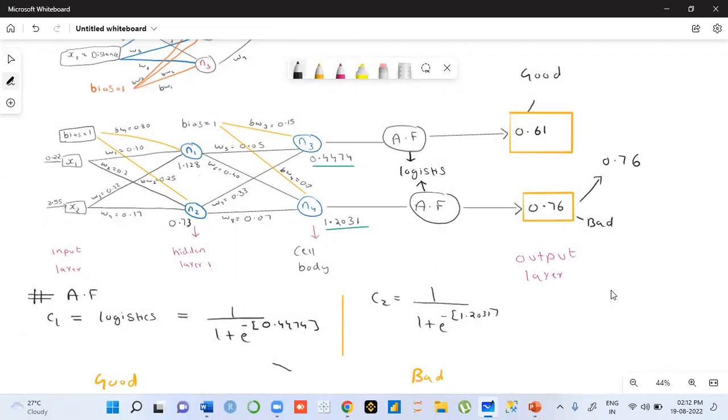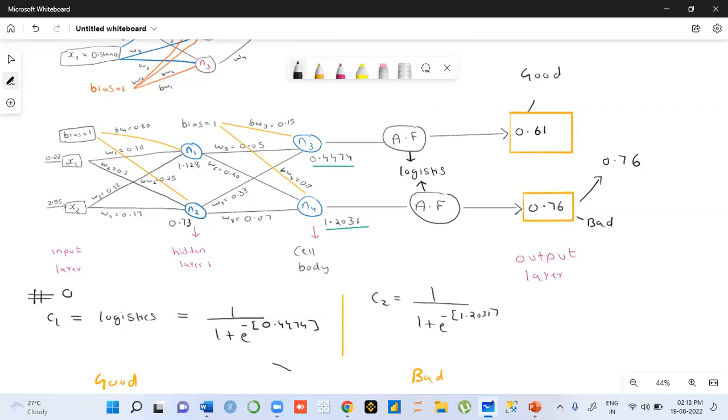We have input data. We have taken bias. We have taken one hidden layer. We have cell body. We use activation function. Two activation functions for two different cell bodies. One predicts for good, one predicts for bad. How many neurons do we have in the output? 2.